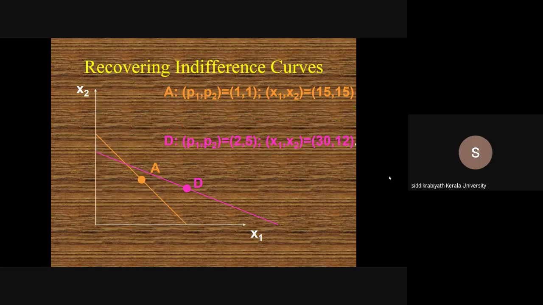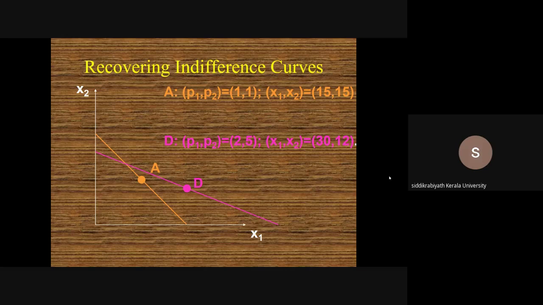Now, let's look into D. Okay. D is directly revealed preferred. D is not being rejected because it was not a comparative point with that of the other. Now, suppose D is a different point, which is not interior to A. If D falls here, within the A range, then things would be different.